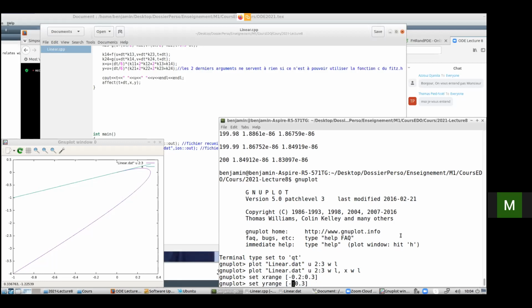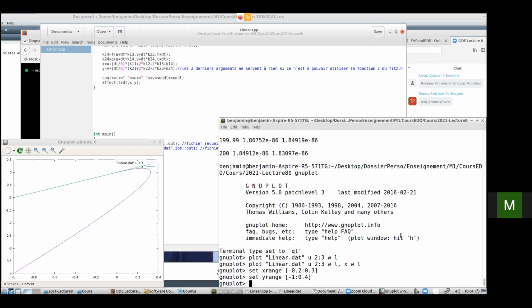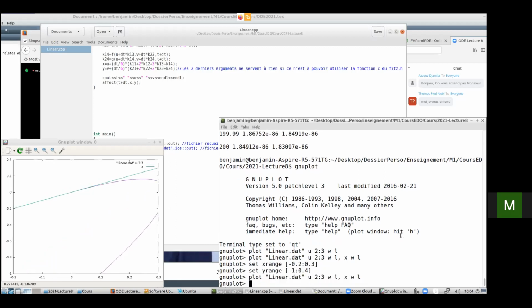So I'm just zooming a little bit. Okay, it's a little bit too small.